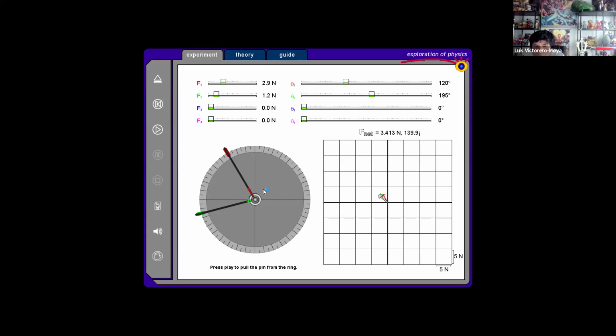Now, 140 here means exactly 50 degrees here. So I will create a force here of 3.2 at an angle of, so I want this to be 50 degrees here.